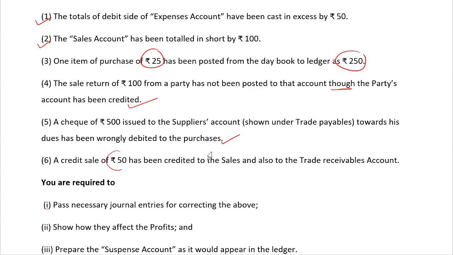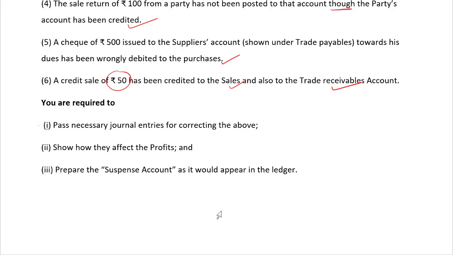A credit sale of 50 rupees has been credited to the sales and also to the trade receivable account. Over here, you are required to pass journal entries correcting the above, show how they affect the profits, and you also need to prepare suspense account.